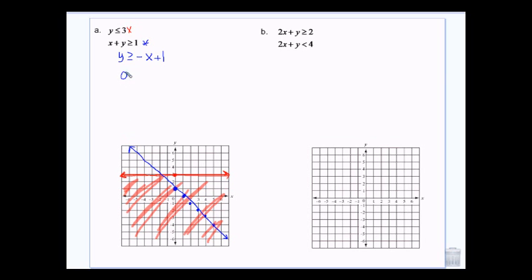I can plug in the point 0, and I get 0 is greater than or equal to 1. This is false, so I'm not shading on the 0 side, I'm going to shade the opposite side, which is over here. And here's where we have the two colors overlapping, so I'm going to come in and shade those darker.